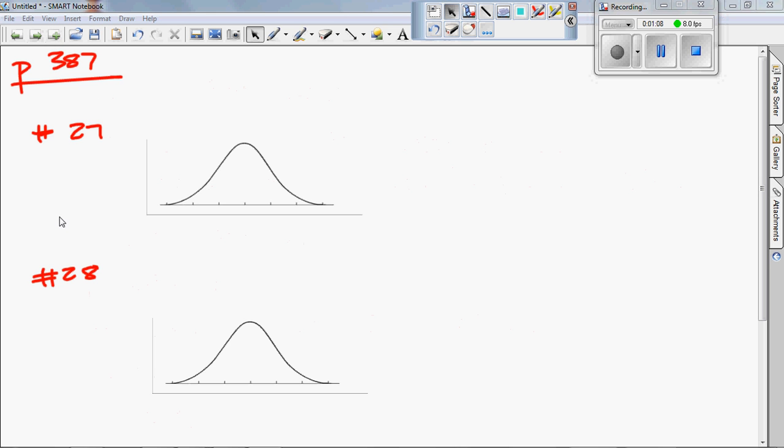Number 27 and 29. We need to find the corresponding p-value when given the test statistic. For 27, it's two-tailed, and the test statistic is 1.95.